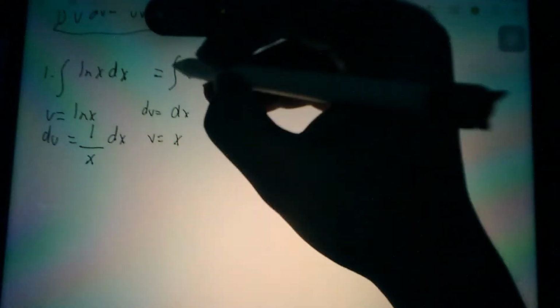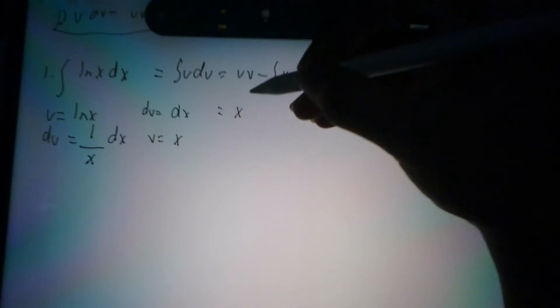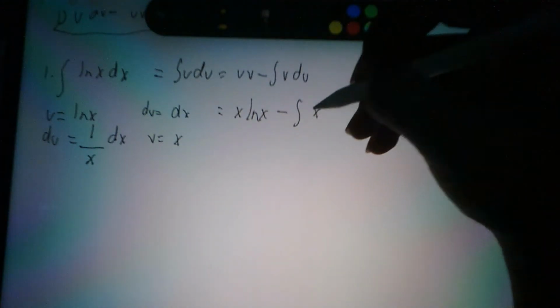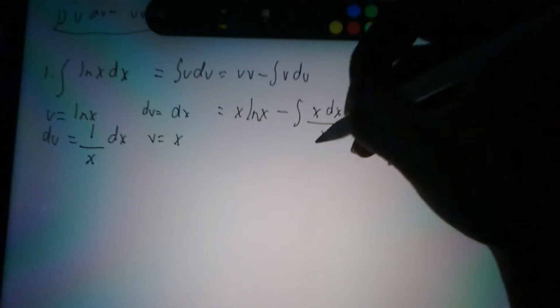Now we have our values, so we're using the formula: the integral of u dv is equal to uv minus the integral of v du. Our u here is ln of x and our v is x. So let me rewrite that as x ln of x minus the integral of x dx over x.